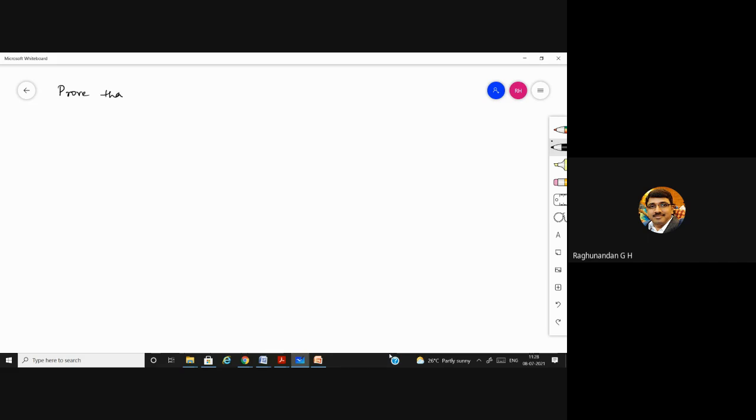Prove that A plus B bar plus C bar into A plus B bar plus C is equal to A plus B bar. Now start multiplying.